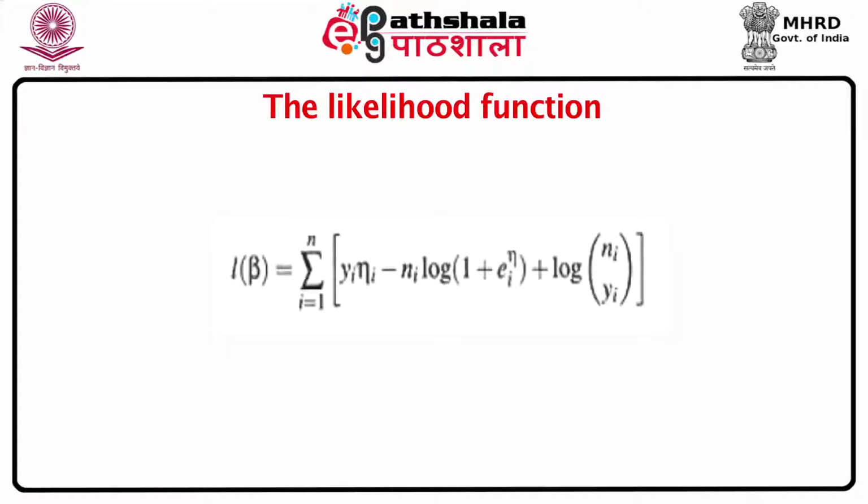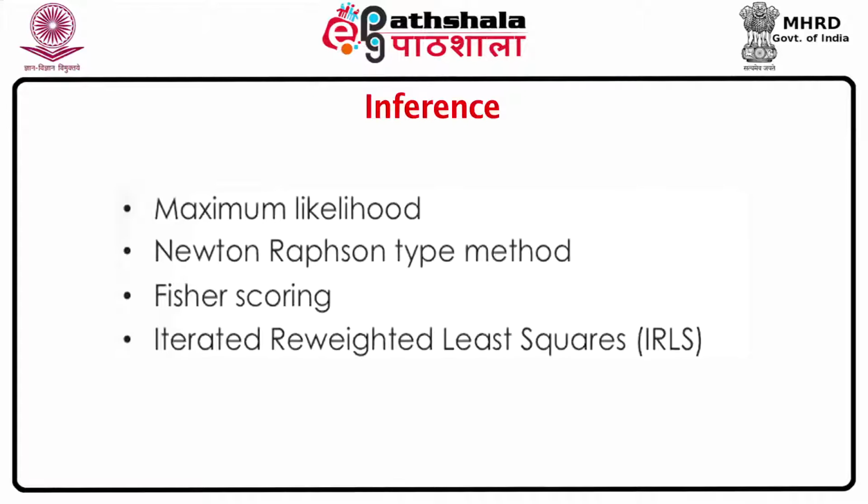Now recall that eta is a linear function of the covariates and a function of the coefficients beta. So this means that this is the log likelihood function for beta. This leads to some simplifications. The most important is that we no longer need to develop new tools, because the moment I can write the likelihood for beta, I know that I have the well-tested tool of maximum likelihood for purposes of inference.